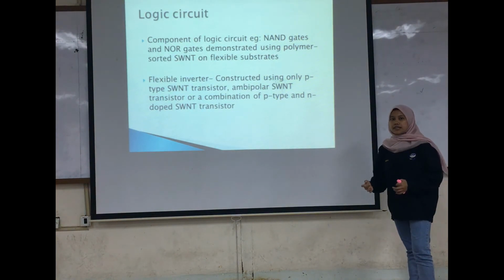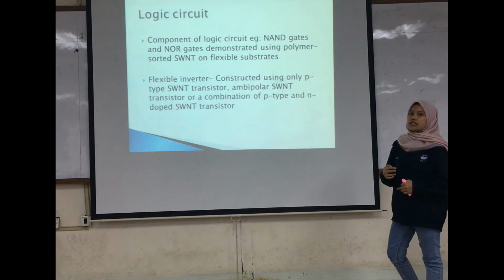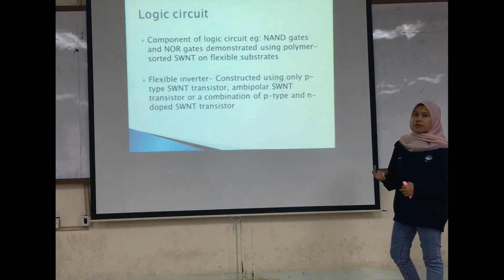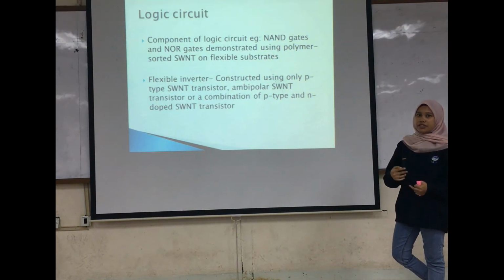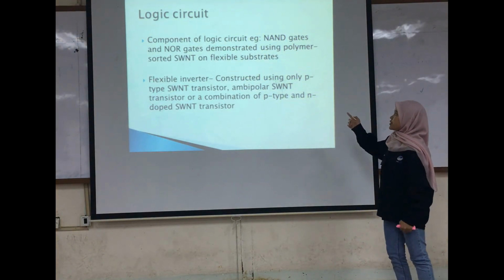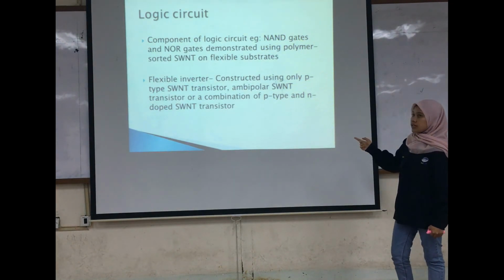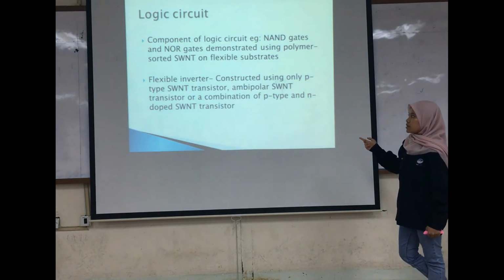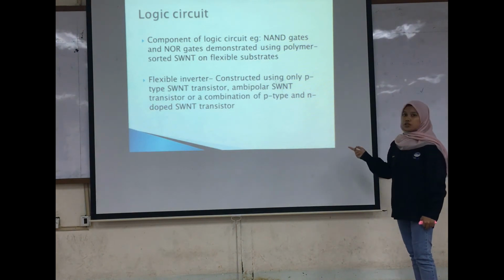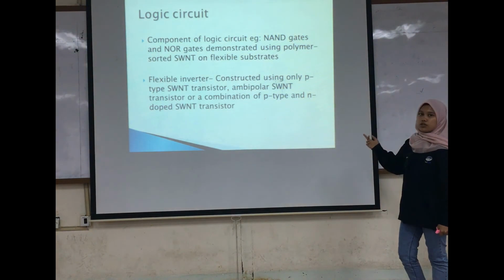And the next is the flexible inverter, which is CMOS, as I mentioned before, complementary metal oxide semiconductor, constructed using only P-type single-wall carbon nanotube transistors and bipolar single-wall carbon nanotube transistors, or a combination of P and N-doped single-wall carbon nanotube transistors.